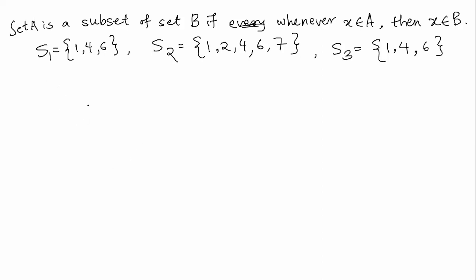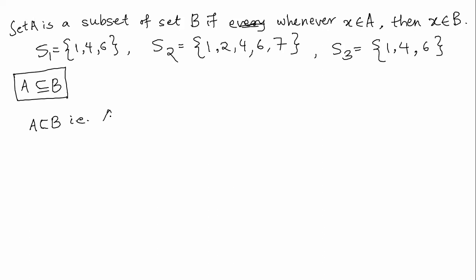Now there is a concept of proper subset. We say that A is a subset of B. This is just a subset of B. This is the definition. Now, what is a proper subset? A is a proper subset of B is denoted by this.